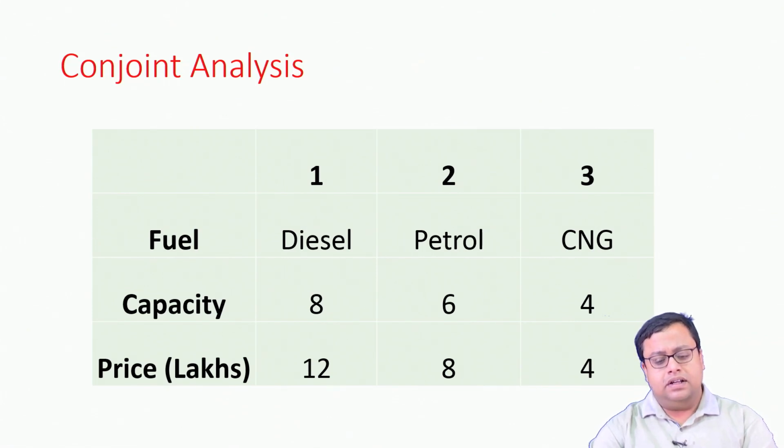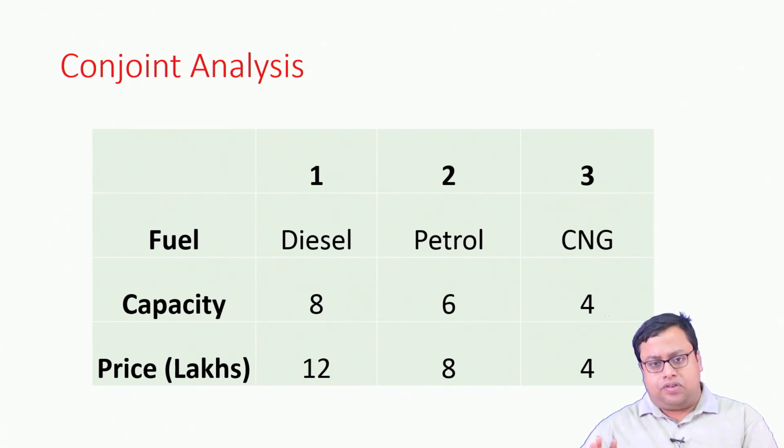And we all know 8 seater means it is a little bit bigger, 6 seater is more of an Innova kind of a car, and 4 seater might be something like a Maruti Desire kind of a car. We have seen all of these things, and these kinds of price ranges, capacity ranges and fuels are pretty common to us.